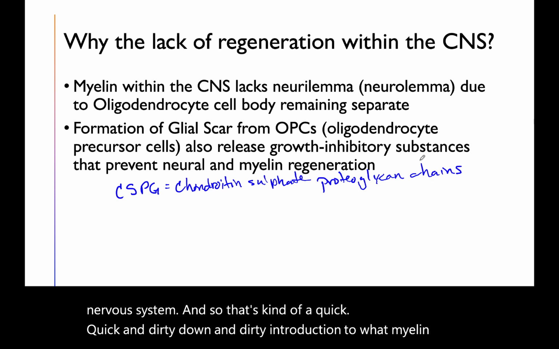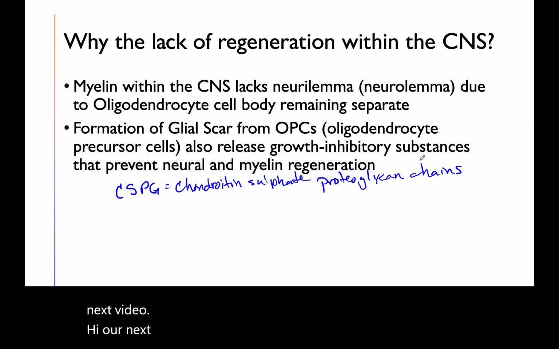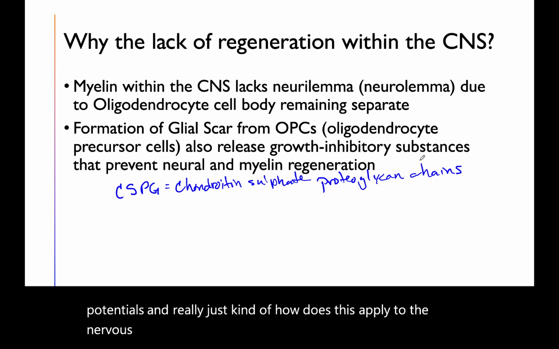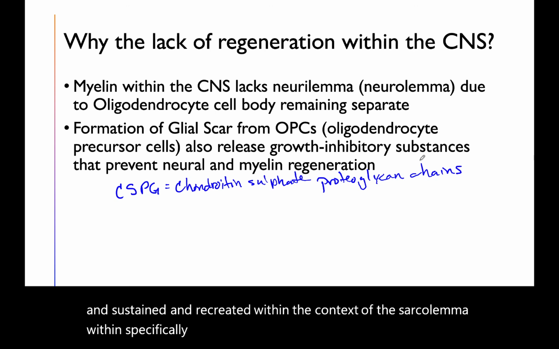Our next video is going to be focusing on a review of action potentials and really just how this applies to the nervous system. We know how action potentials are formed and sustained and recreated within the context of the sarcolemma, specifically within skeletal muscle tissue.